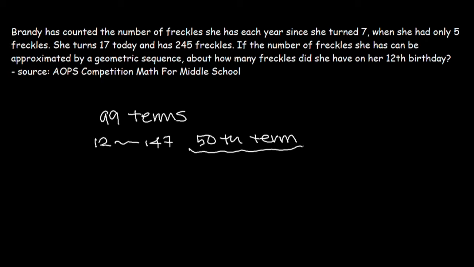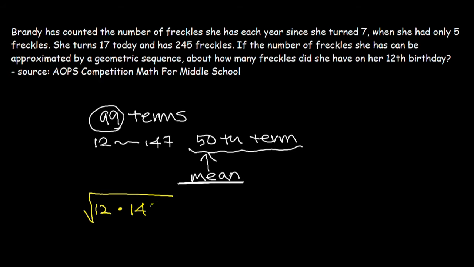So what I advise you to do is to just find the geometric mean of this sequence. Because remember, there are 99 terms, so the 50th term is just going to be the median of this sequence. I'm going to use the geometric mean formula. Just plug in 12, which is the first term, and 147, which is the last term, and you'll get the 50th term. I'll work this out because you don't usually have calculators on these problems.